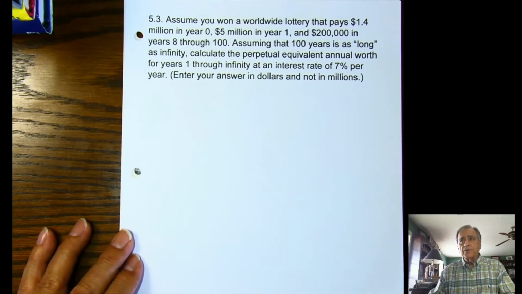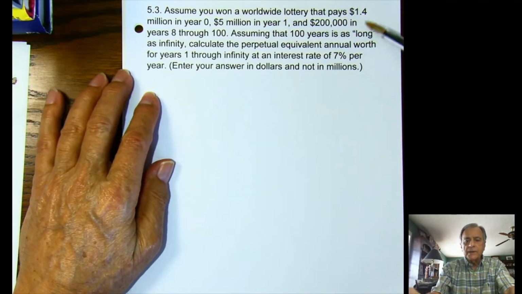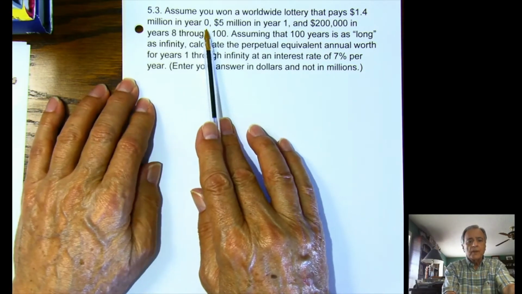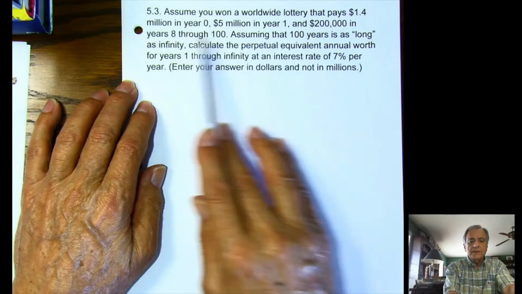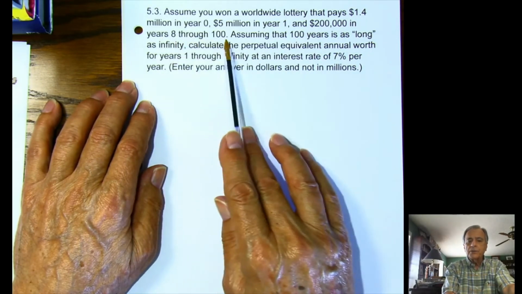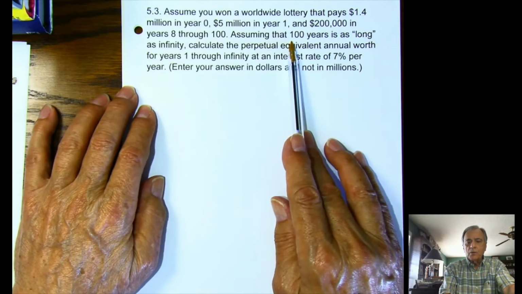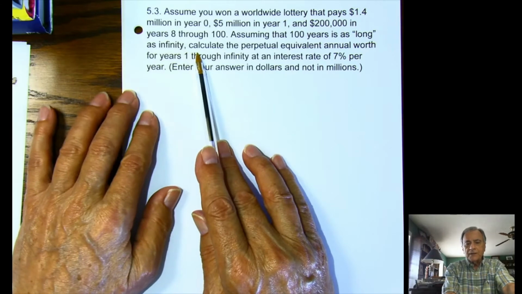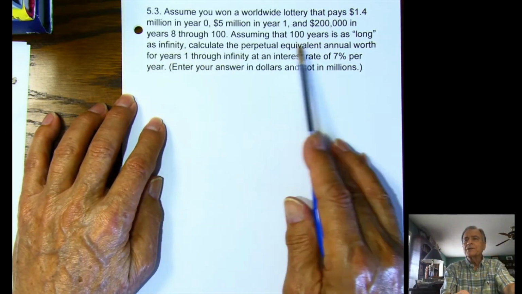Problem number 3. Assume you won a worldwide lottery that pays 1.4 million in year 0, 5 million in year 1, and 200,000 in years 8 through 100. Assuming that 100 years is as long as infinity, really I don't do that because there's not any difference between 100 years and infinity.